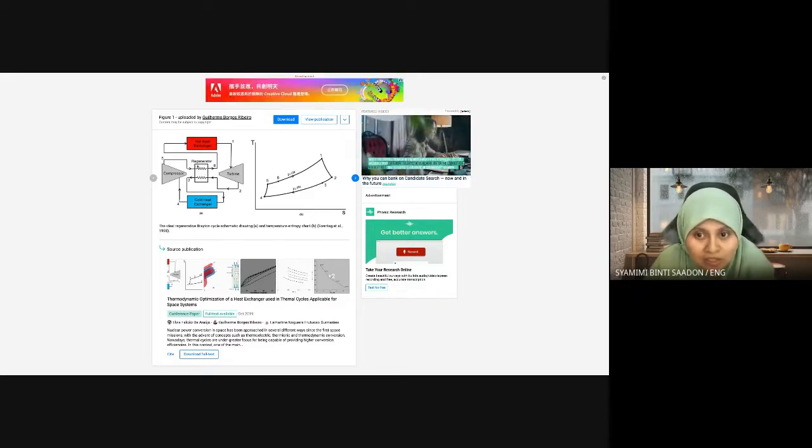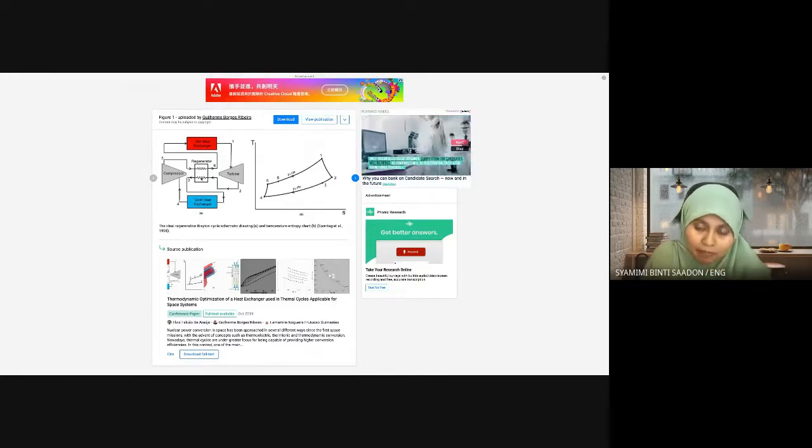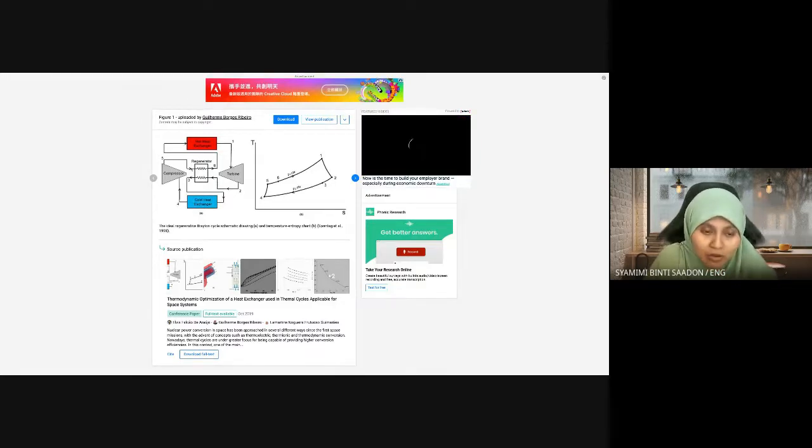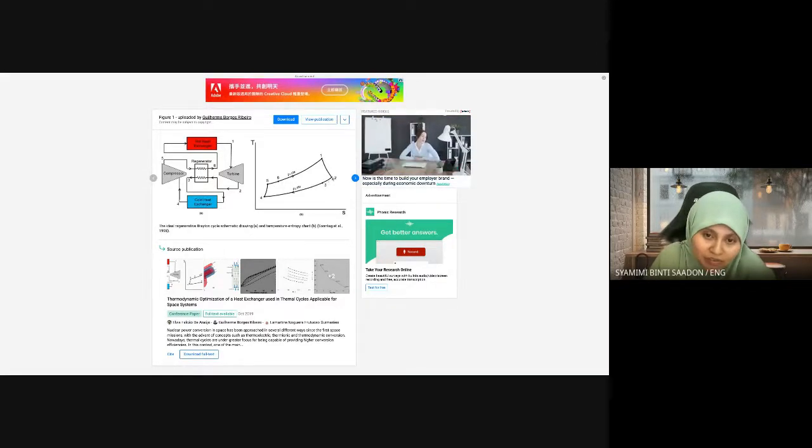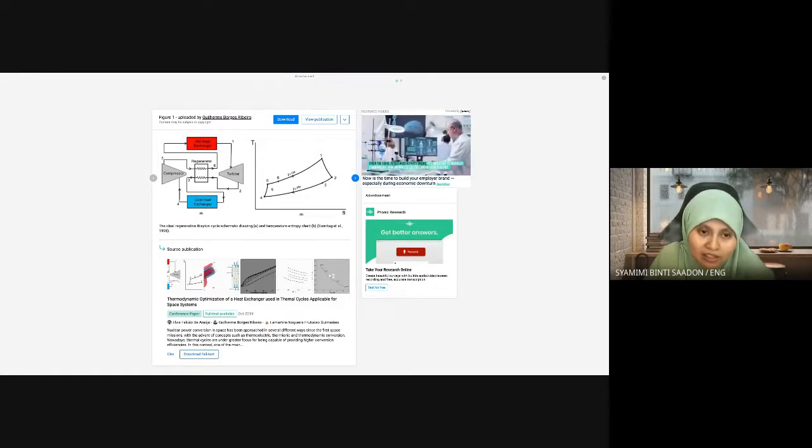We reuse the heat because the heat exiting the turbine is at a higher temperature compared to the heat after the compressor. Okay, 2 to 3 and 5 to 6. So we use the heat from here to heat up slightly the working fluid, the water or the air exiting the compressor.